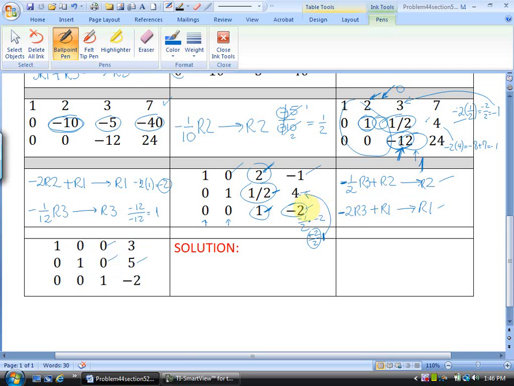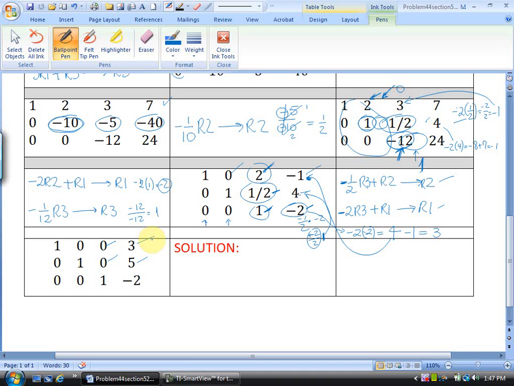And negative 2 times negative 2 is positive 4. Now, I'm going to add this plus 4 to that minus 1. So it's plus 4 minus 1. It will give me positive 3. And here is my positive 3.